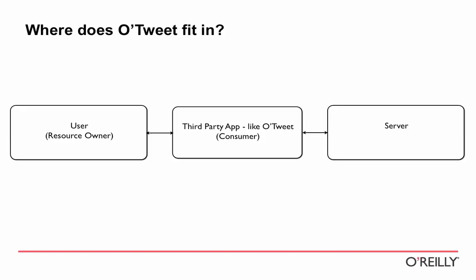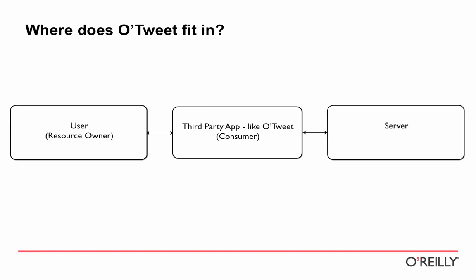So where does OTweet, for instance, fit in? That is, in OAuth parlance, a consumer. The third-party application is called a consumer because it's consuming something from the server-based application on you, the user, or in OAuth parlance, the resource owner, on your behalf.